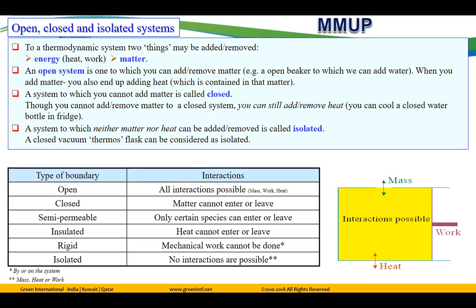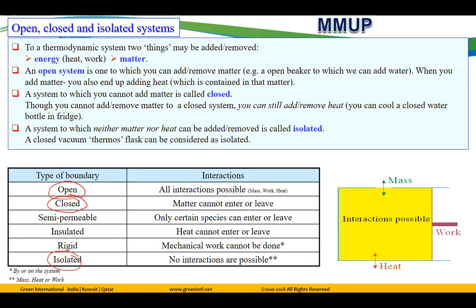What are the 3 main? Open, closed, and isolated. This is the 3 main. The others are actually under the umbrella of one of them. You can classify and discuss them as one of them.